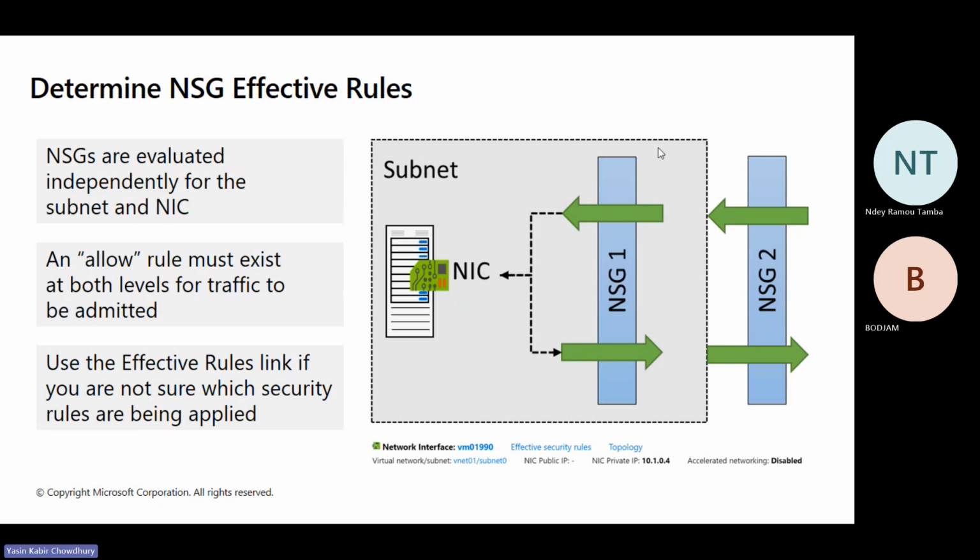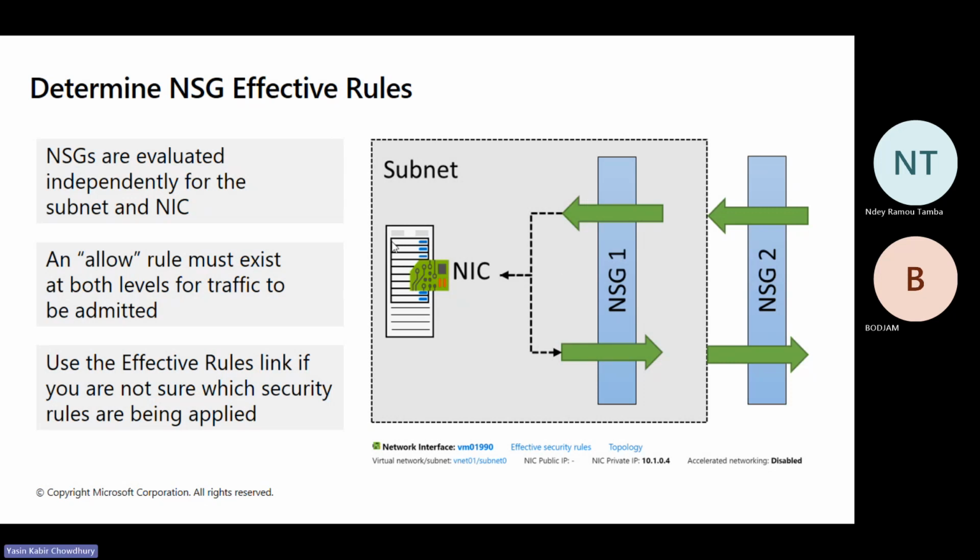If you could only use the subnet, then these effective rules could not come up, because on a subnet you can put only one security group. But as there is an option to put one on the whole subnet and also on a network interface card, effective rules come up, because there are two services you can impose.